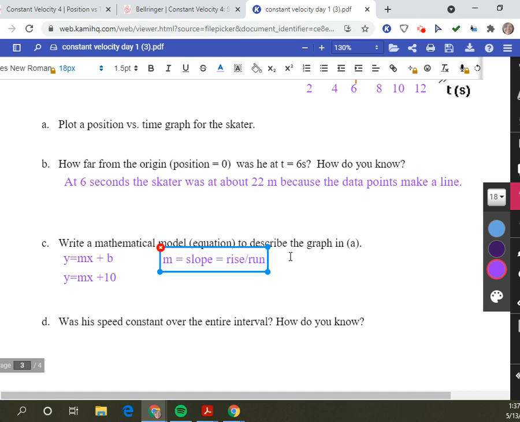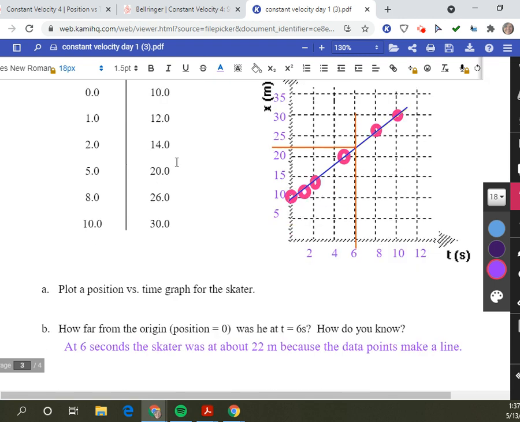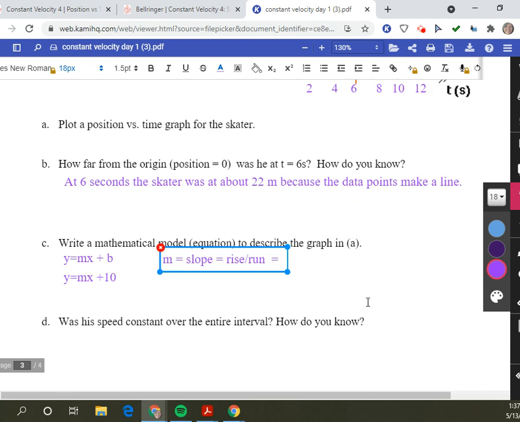So let's try to get this into an equation that we can understand. We know this is y, so we're going to take the difference between 12 and 10. So let's write it out: y sub 2 minus y sub 1.